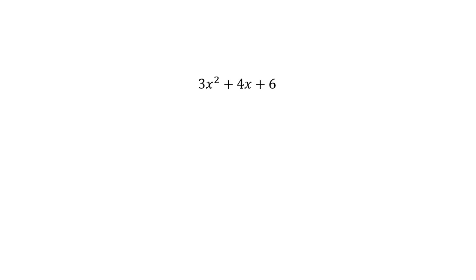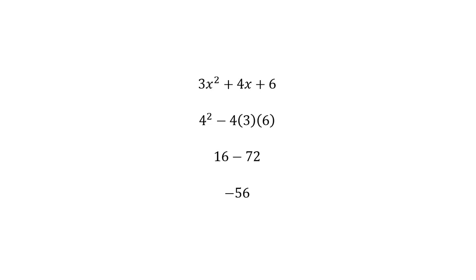Take a second and find the discriminant of this one. Like the previous problem, where the discriminant was 57, find the discriminant of this problem. As you've worked through this and plugged in your numbers, you should have gotten 4 squared minus 4 times 3 times 6, which ends up being negative 56. That's your discriminant.